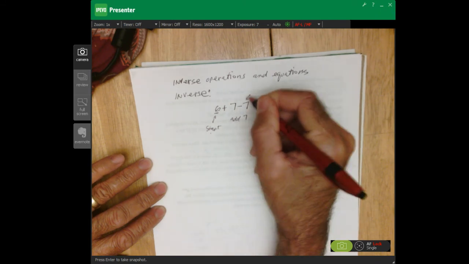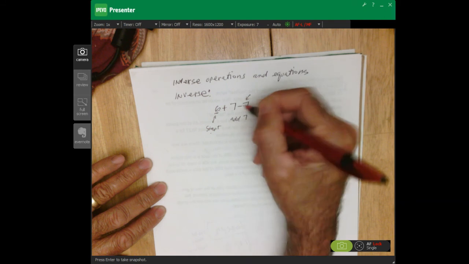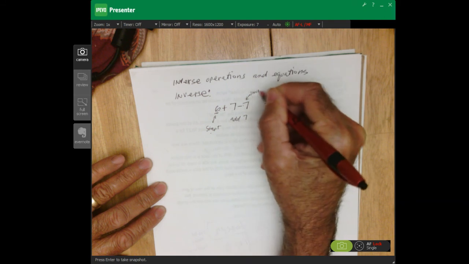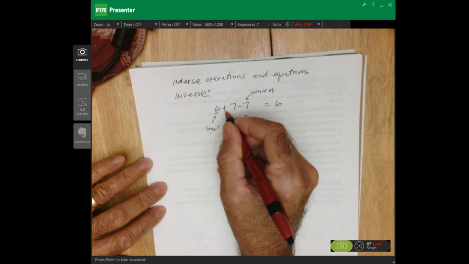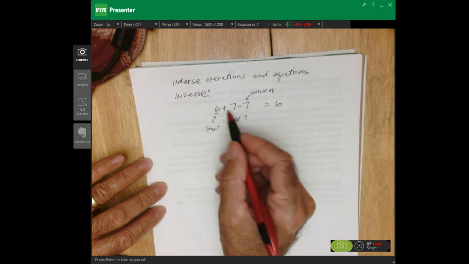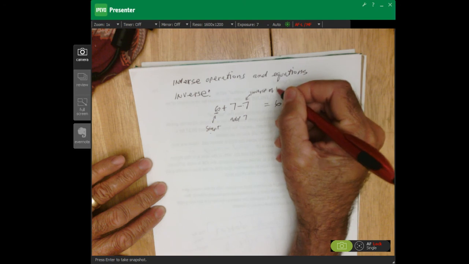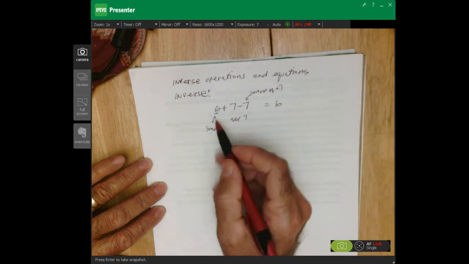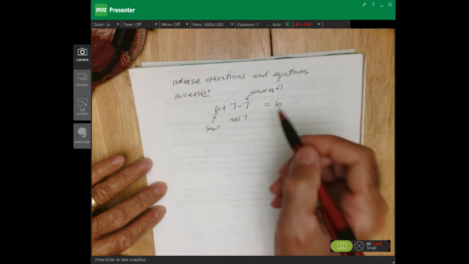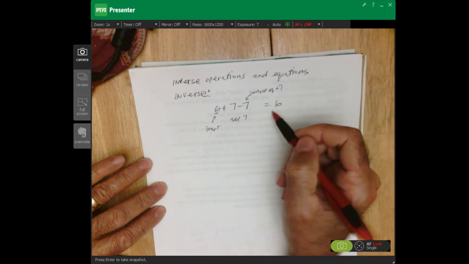So this is -7. That's the inverse, or it's the opposite operation, the opposite of +7. And so when you apply the inverse, what it does is it gets you back to where you started.